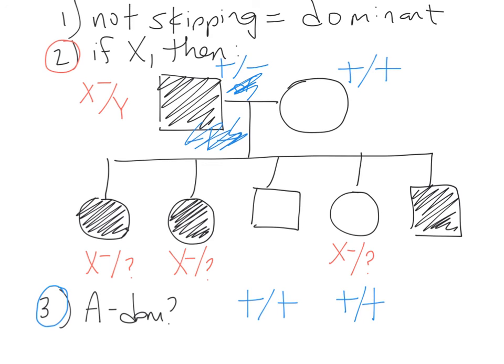So now at this point, the final question before you figure out whether or not this could be autosomal dominant is those 3 affected kids. Given the genotypes of the parents that we now know for sure, dad's a heterozygote, mom's homozygous wild type. Using those alleles from the parents, does it make sense that 3 kids, 2 females and a male, have this disorder?